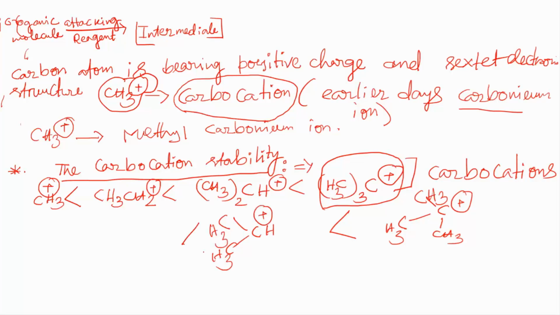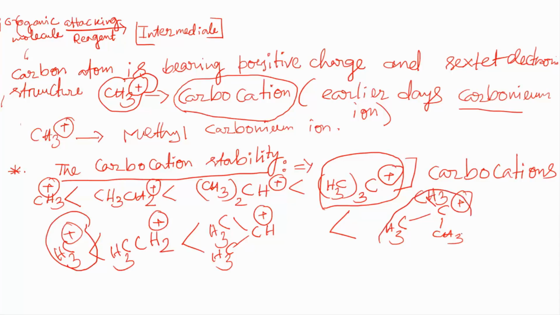Then the third one has only one CH3, and this is the lowest. This is the lowest one, and this is the highest one, the most stable carbocation.